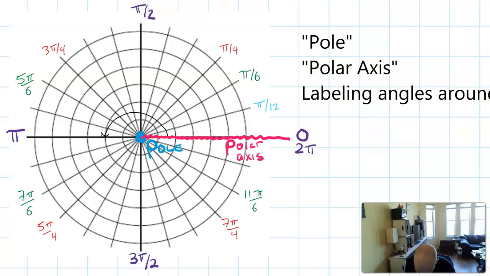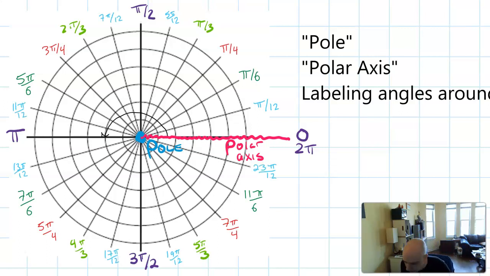And we also get the pi over 3s. And then these ones we didn't talk about are all the different pi over 12s, which you can label in. There they all are labeled in, but you don't really need to know the pi over 12s. Just understand what the denominator is.